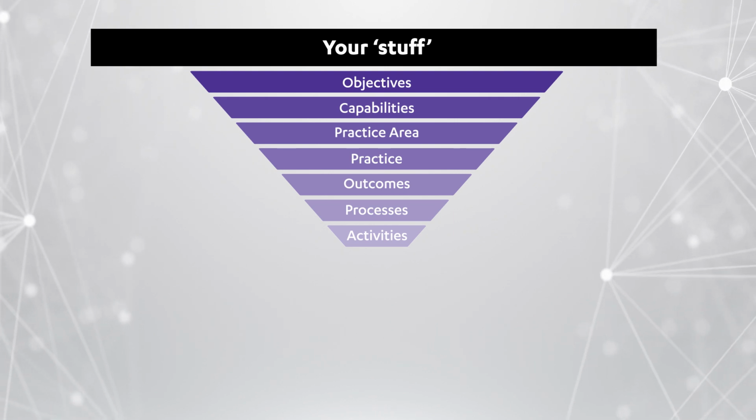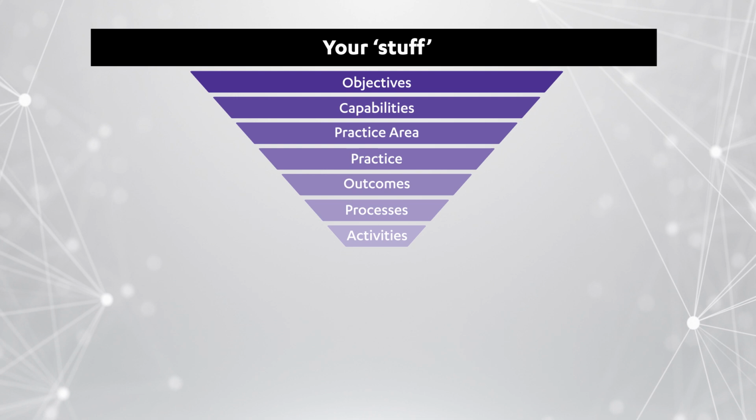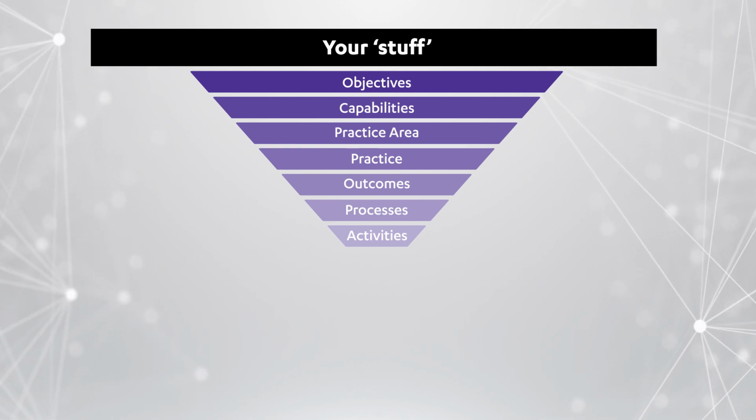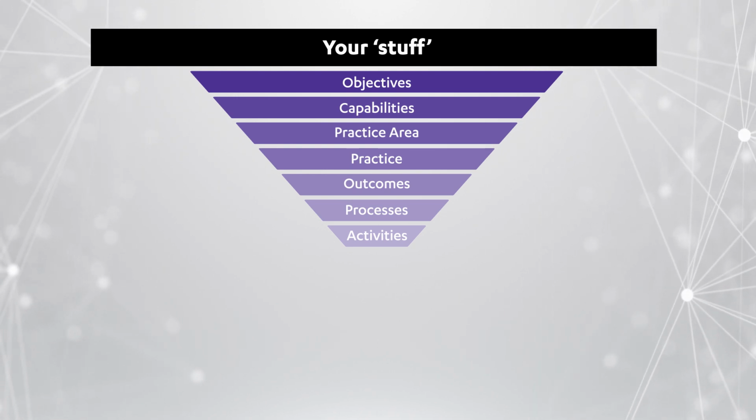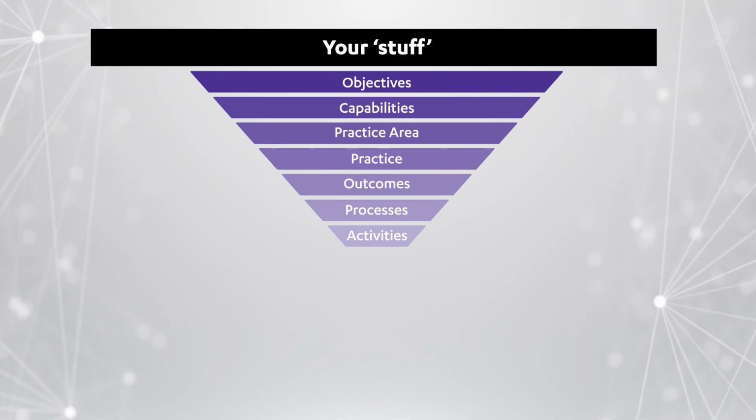All of our organizations, of course, have these, and we use them at whatever level of capability we have in order to produce and deliver solutions for our stakeholders in question.